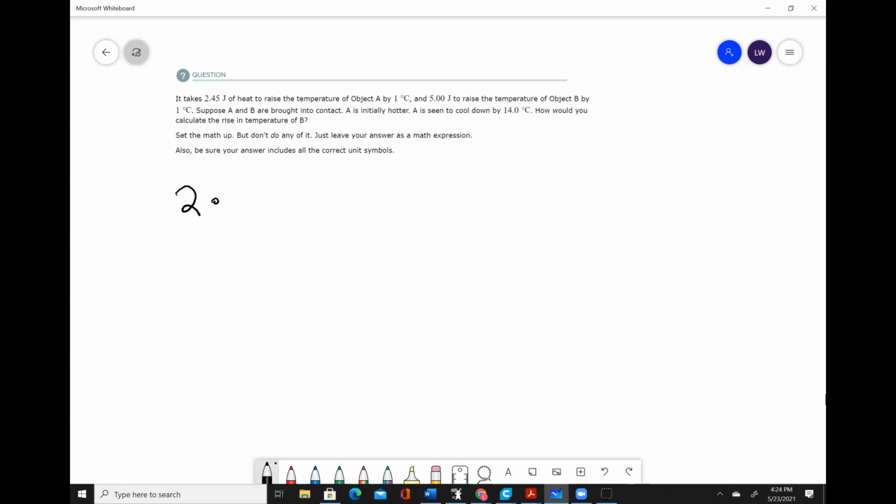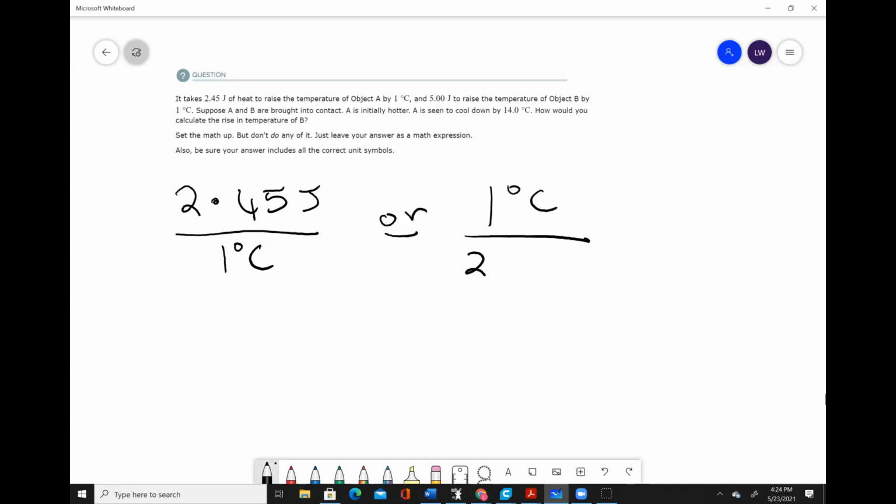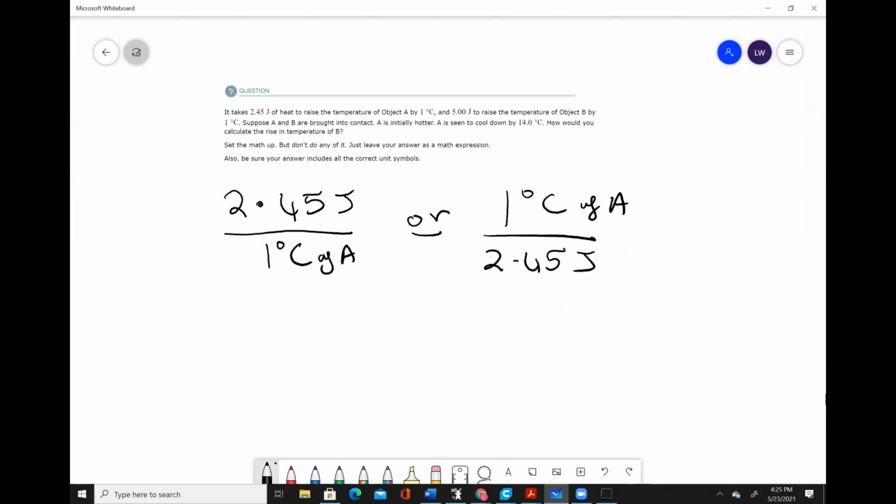It's saying if I put 2.45 joules of heat in, the temperature of A will go up by 1 degree Celsius. Or another way of saying that would be for every 1 degree Celsius that I raise the temperature of A, I have to put in 2.45 joules. So that's one conversion factor, and we should make it clear that this belongs to object A.